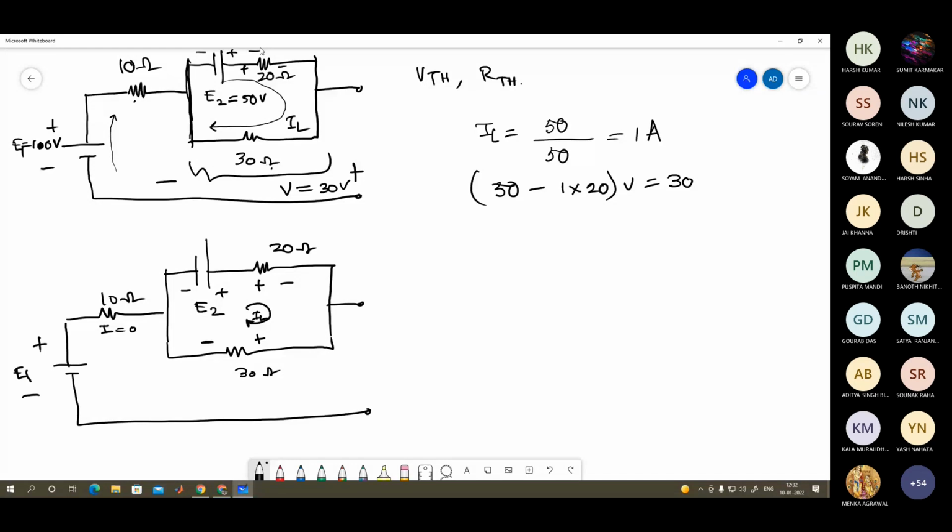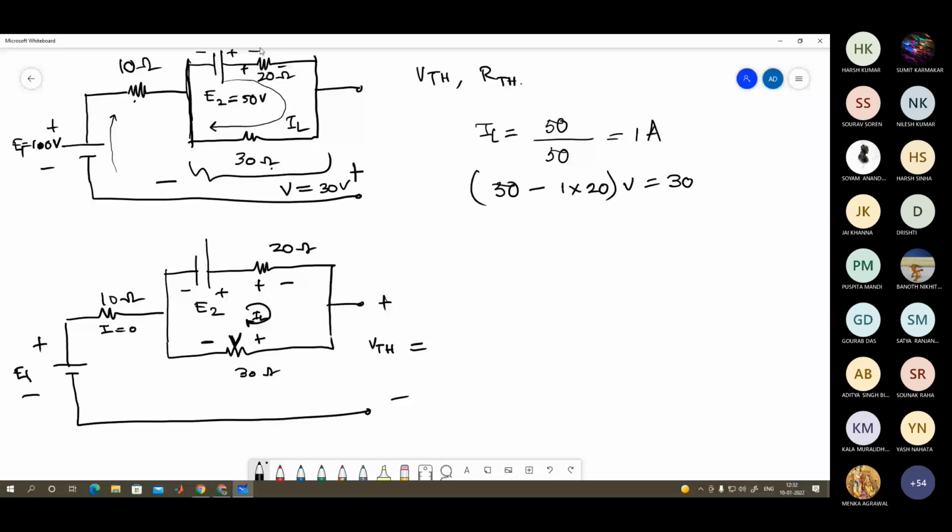If the drop across this branch resistance is V, then what will be your effective VTH? It will be this E1. Look at the polarity, minus plus, and then here also minus plus. So we can write E1 plus V. Agree?